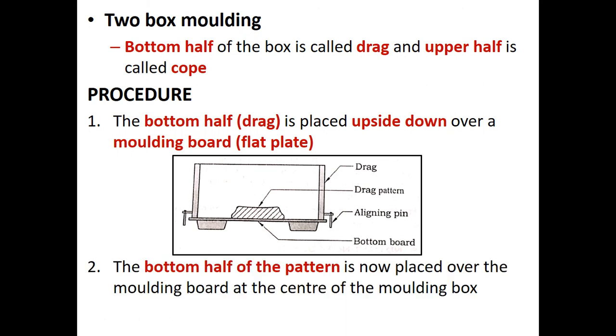Now the bottom half of the pattern is placed over the molding board at the center of the molding box. You can see this is the bottom half of the pattern, placed over the molding board, that is a flat plate, at the center of the molding box.